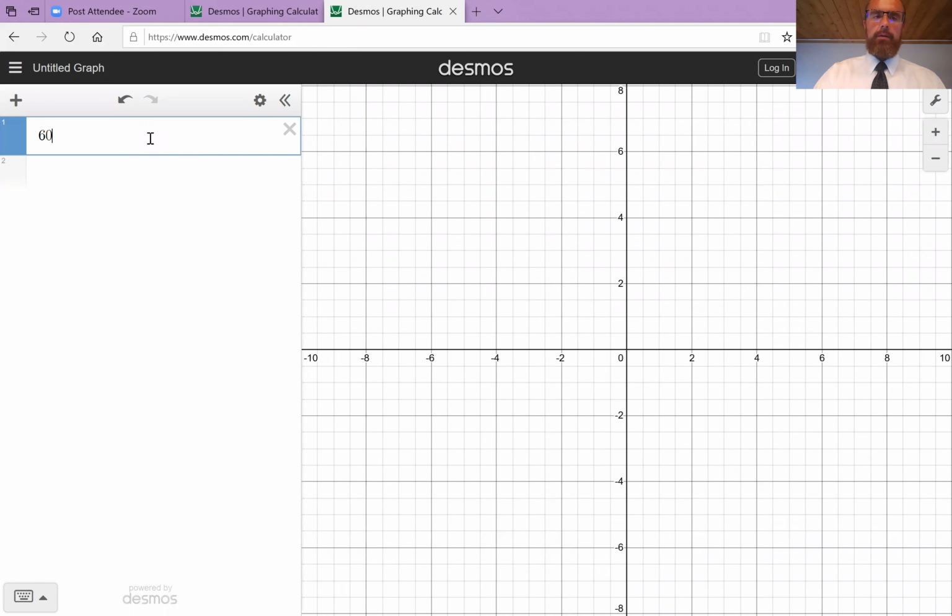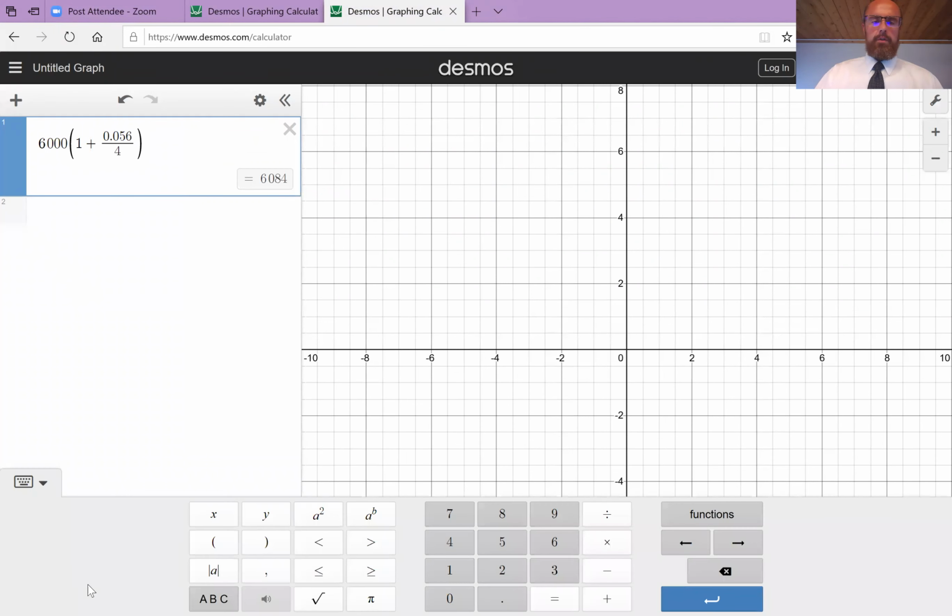So 6,000 parentheses 1 plus 0.056 divided by 4. And you select to the right with the cursor to get out of that denominator. To the power, so I'll choose this a to the power of b to get to the power of 4 times 5.